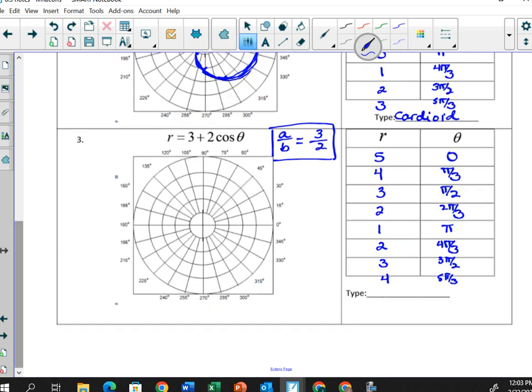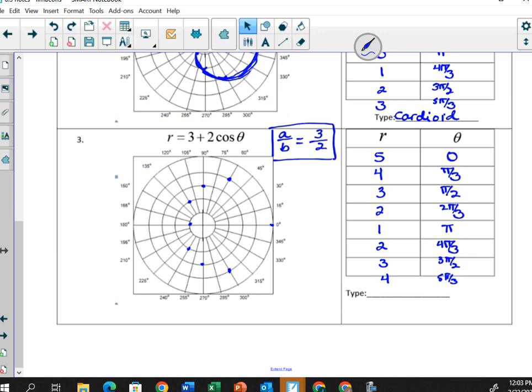All right, I'm going to plot points. Does this graph touch the pole?